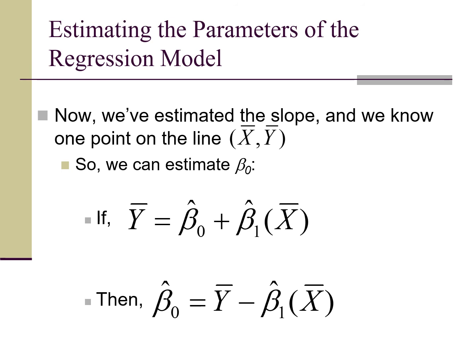So if the mean y value, or mean number of species, is equal to beta 0 plus beta 1 times the mean x, then beta 0 must be equal to the mean y minus beta 1 times the mean x.